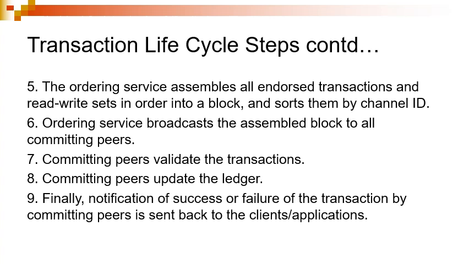Committing peers will validate the transactions and blocks, and that block is appended to the blockchain. Finally, after updating the ledger, the notification of success that the block is added, or failure of the transaction, is sent back by the committing peers to the client. So the client will be informed whether the operation is successful or not.